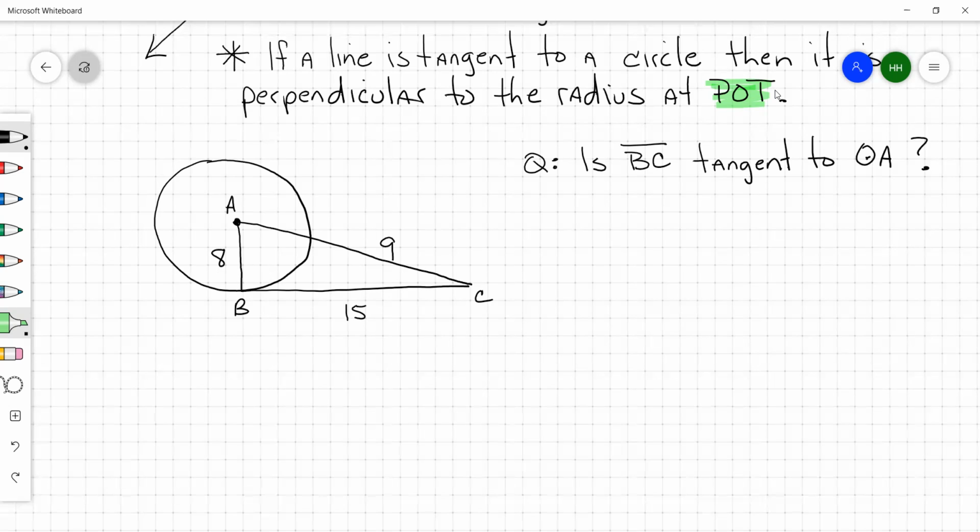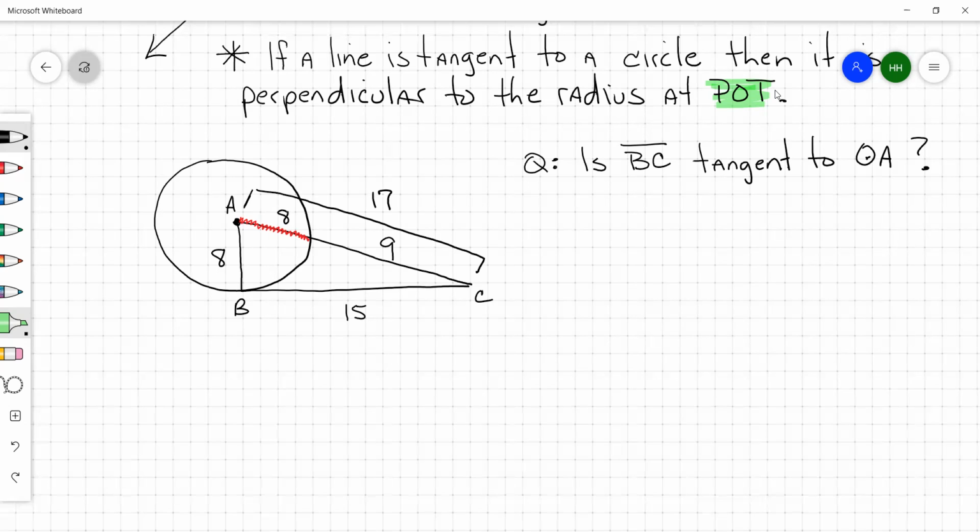Well, we could figure out this angle right here if we did the Pythagorean theorem. But before you do the Pythagorean theorem, be careful. Don't forget about this piece of the hypotenuse. Agreed? The length of that piece of the hypotenuse is a radius, isn't it? This is 8 as well, which makes this entire hypotenuse 17.